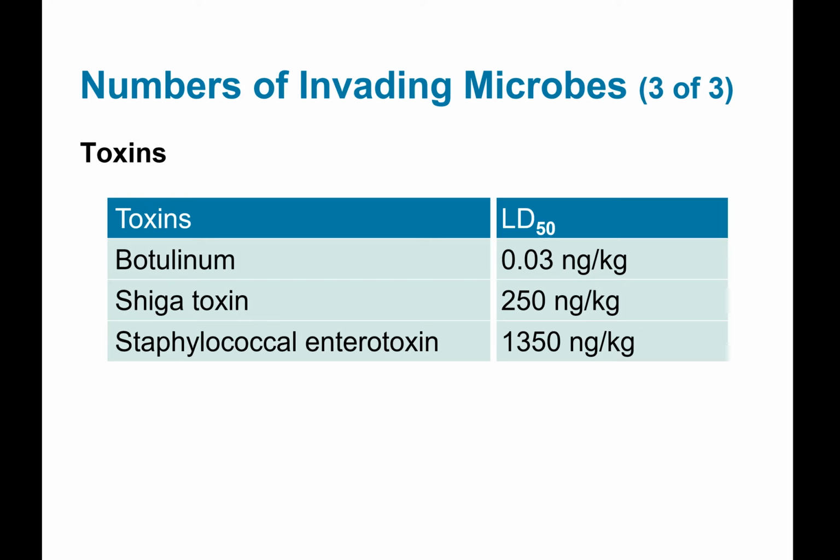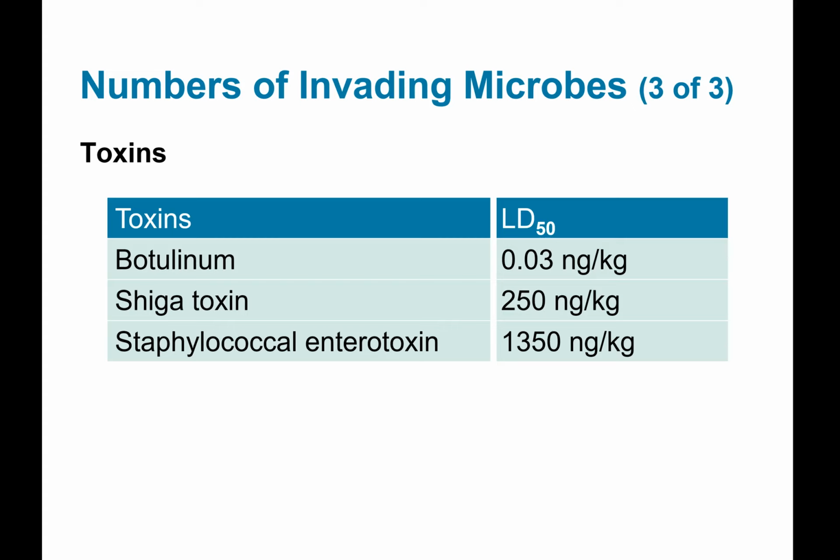So what about LD50? Kind of like ID50, the lower the number, the worse it is. The lower the ID50, the more contagious or infectious it is. For LD50, the more lethal or the more potent the toxin is. So you could compare botulinum toxin involved in botulism, Shiga toxin, and staph enterotoxin, which is involved in staph food poisoning.